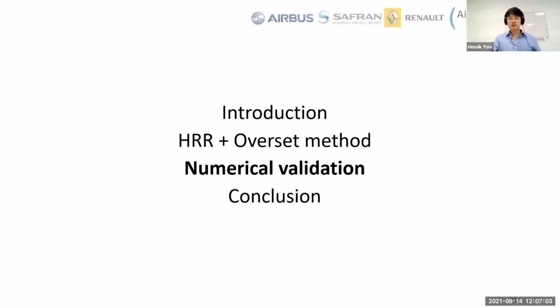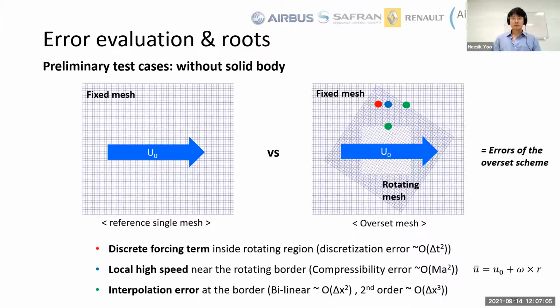Now I will show you some numerical results. Before that, I will explain how I evaluate the error. For example, let's say I simulate a very simple uniform flow without any complicated solid geometry. In this case, we can just run the uniform flow simulation on a single fixed mesh.